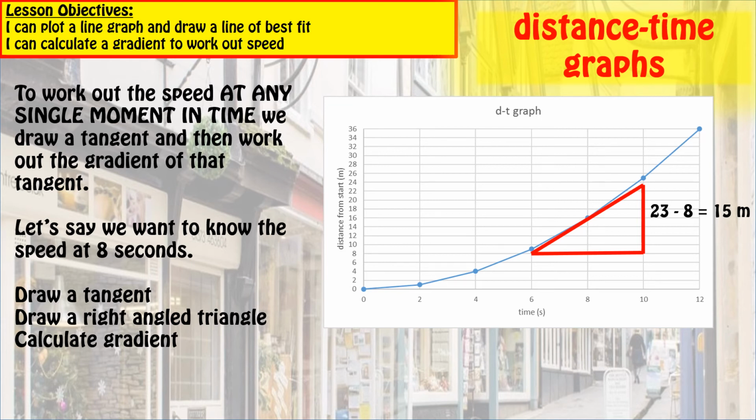So take those two numbers away and I have a height or a rise of 15 meters. And the run, or the base of the triangle, goes from 10 seconds to 6 seconds. So the difference of time there is 4 seconds. Now I do the rise divided by the run because I want to work out the speed. This is how we worked out the gradient before, and that gives me 3.75 meters per second.